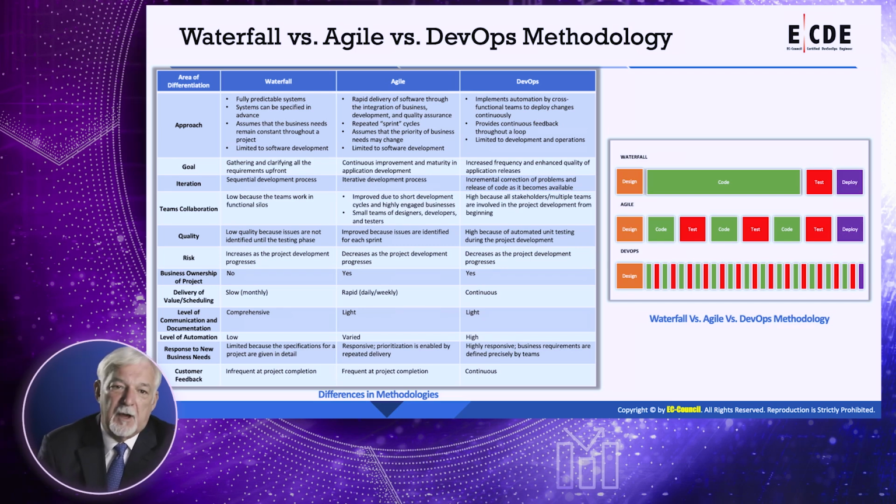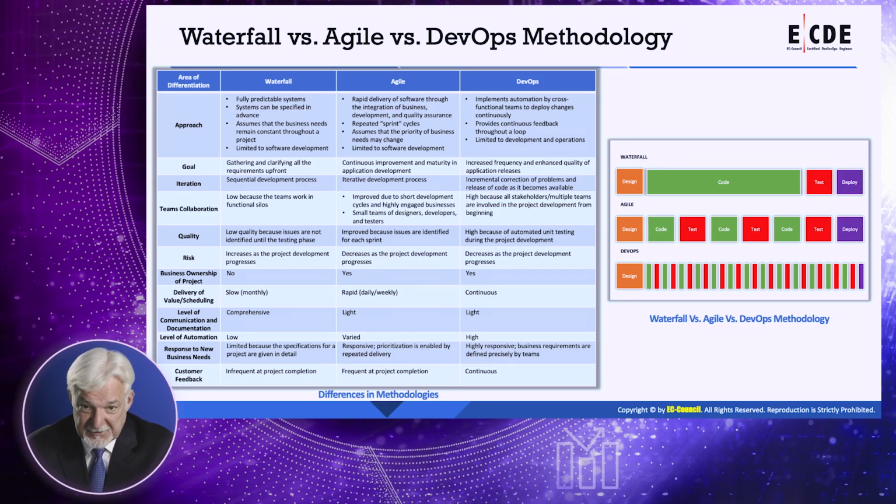With the goals of Waterfall, we see that gathering and clarifying all the requirements up front is the primary piece of it working well for you. With Agile, there's continuous improvement and maturity in the application development. With DevOps, there's increased frequency and enhanced quality of application releases, as well as infrastructure updates. As far as the iteration, Waterfall is very sequential.